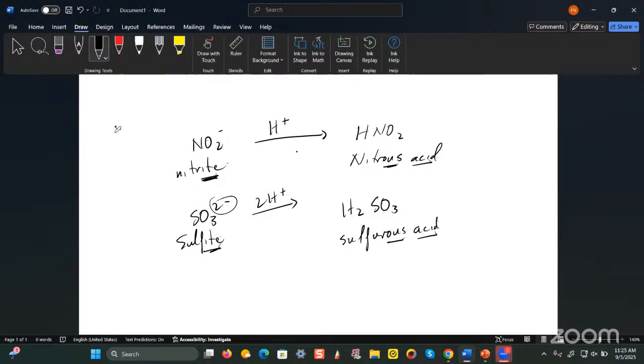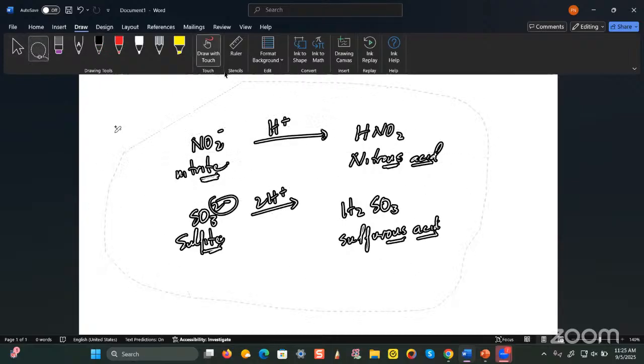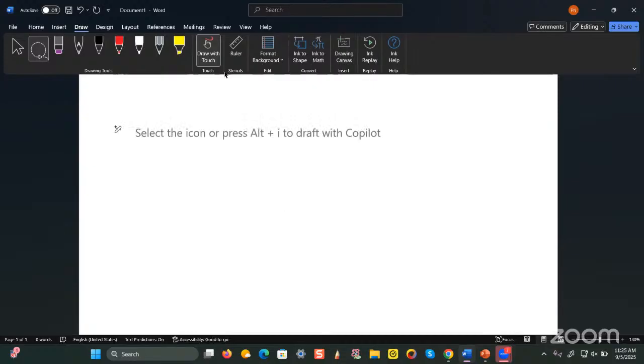All right? Now, there are some other anions whose name ends with not ITE, excuse me, but ATE. So one example of that would be the nitrate ion, which has the formula NO3 minus.